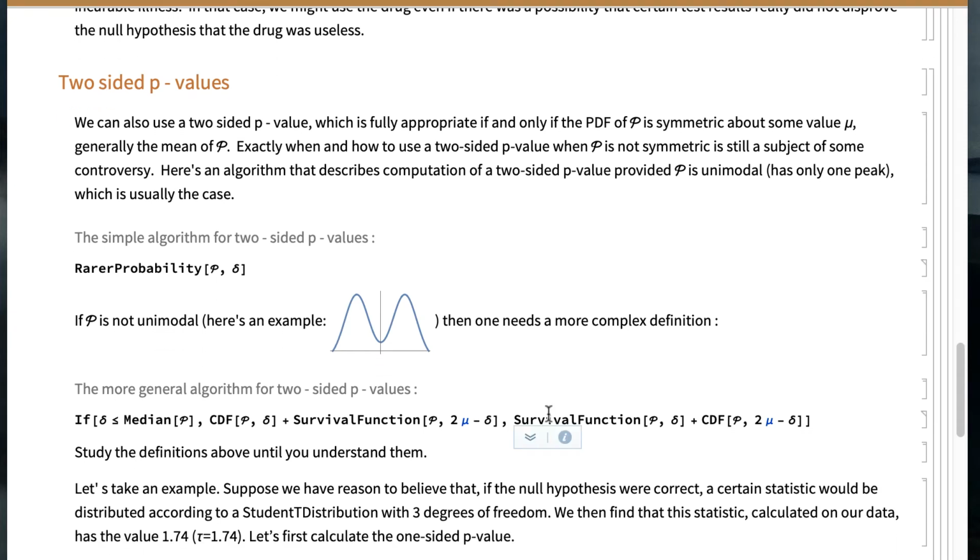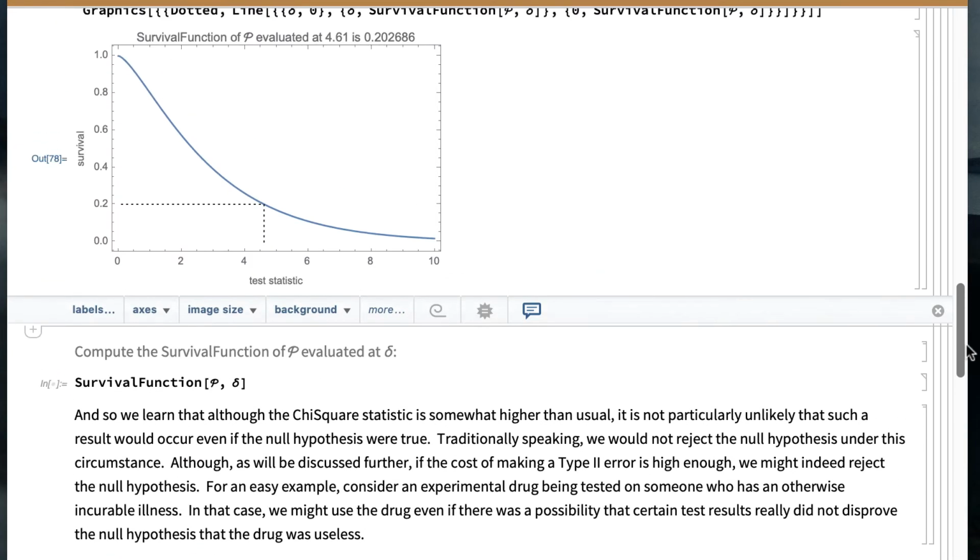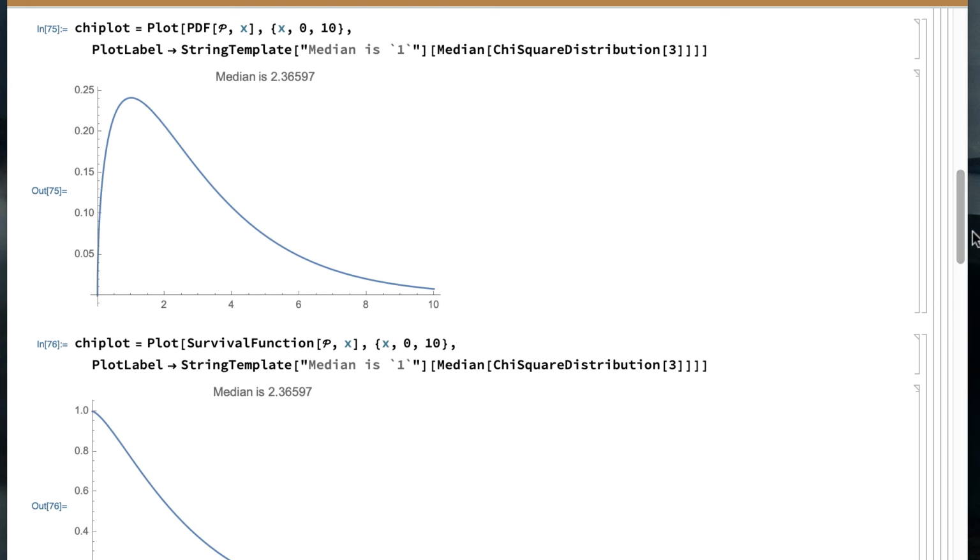So what's a two-sided p-value? A two-sided p-value is fully appropriate if and only if the PDF of P, that sampling distribution, is symmetric about some value mu, which is usually the mean of the distribution. And so you can see why we wouldn't want to use a two-sided p-value here in general.